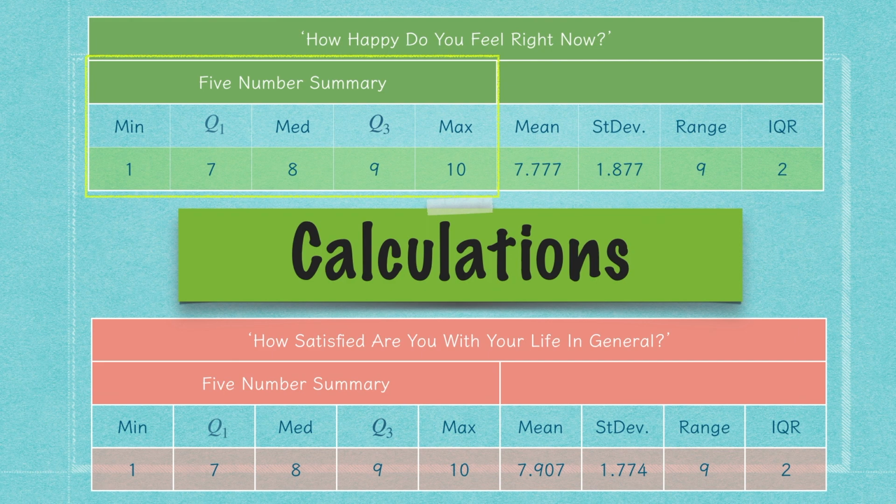The middle 50% of people rated between scores 7 to 9, with half rating less than 8 and half rating more than 8. As you can see, the standard deviation for both datasets is less than 2, which indicates that the data points tend to be close to the mean.